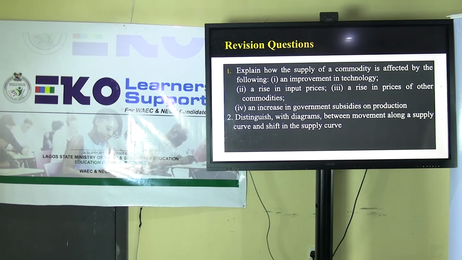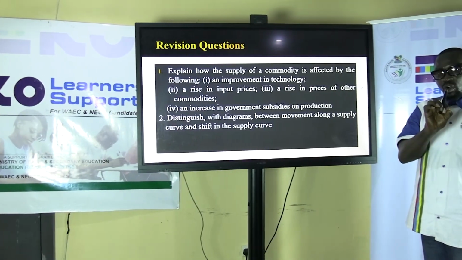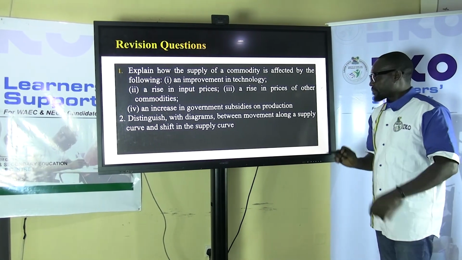But in the case of a shift in the supply curve, you are dealing with more than one supply curve. So there is a complete movement or change of location of the supply curve from one point to the other.